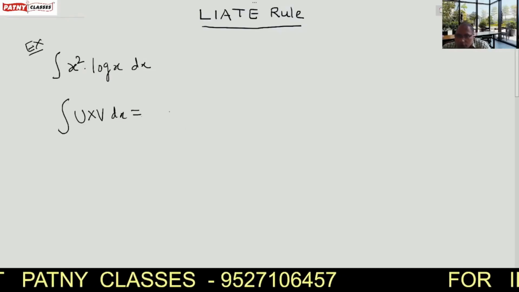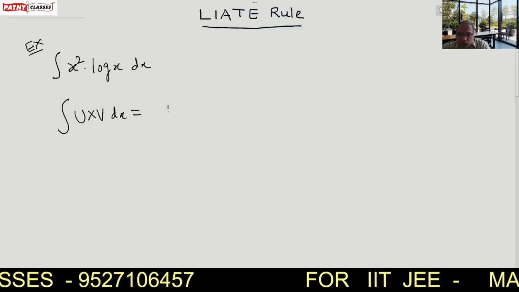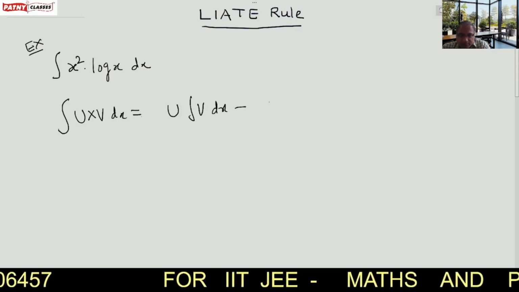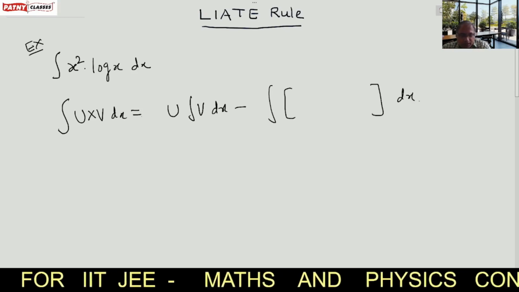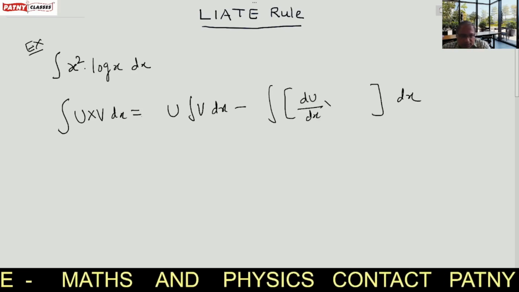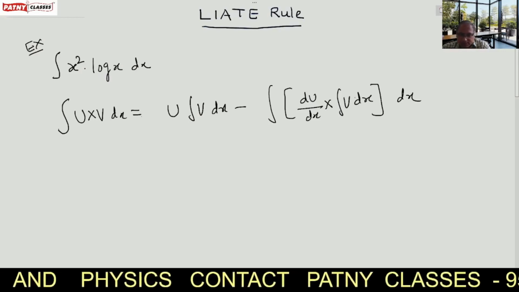Now integration of u into v with respect to x equals u times integration of v dx, minus integration of a box, and inside the box the operation is du by dx multiplied by integration of v dx.